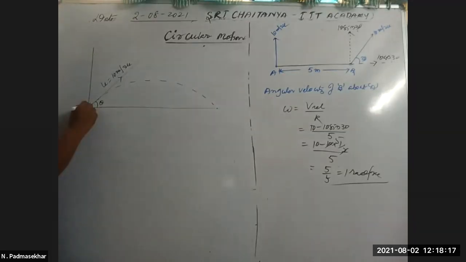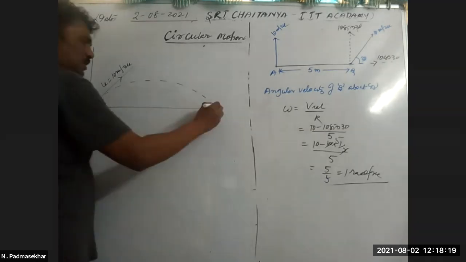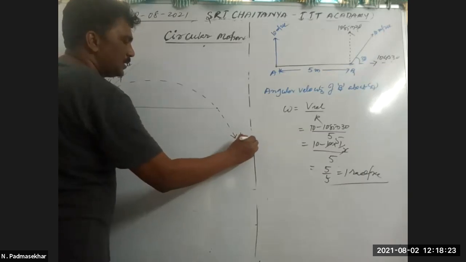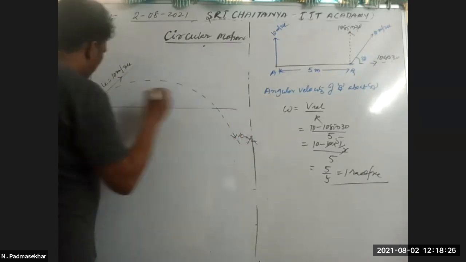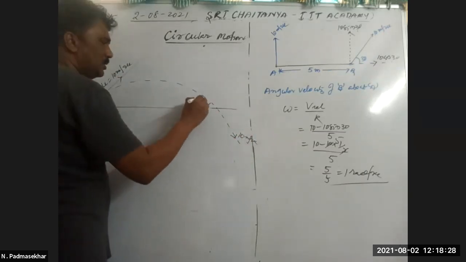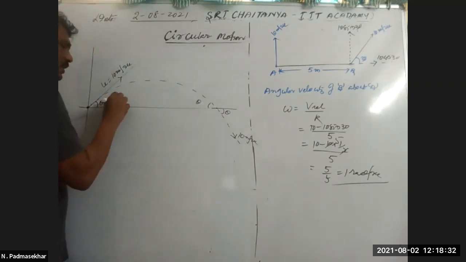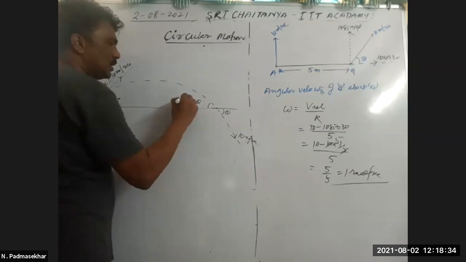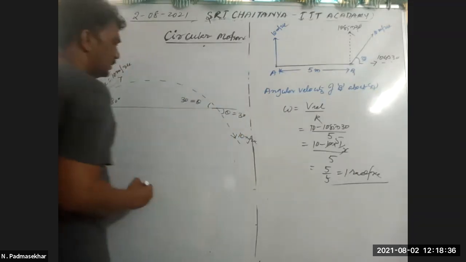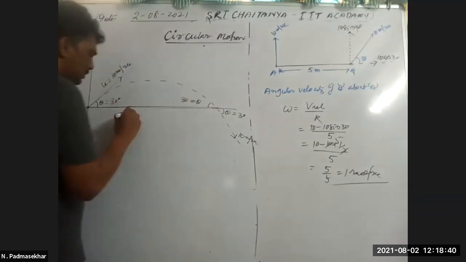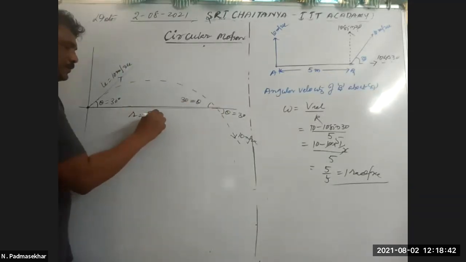The velocity is 10 meters per second only. And this is theta, this is theta, and it is also theta. Theta is given as 30 degrees. This is the distance r. So this r is nothing but the range.